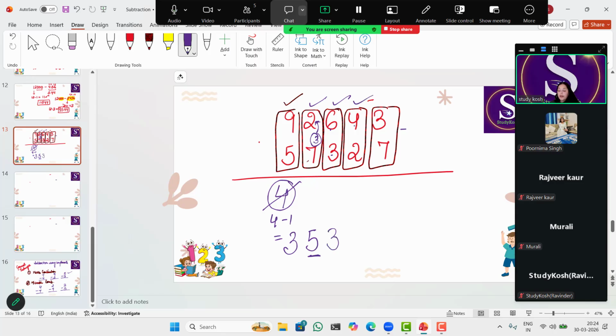This rule is applicable for all numbers, whether they are base numbers or any other numbers. Any doubt, anything that is not clear, you can ask about this complement rule.